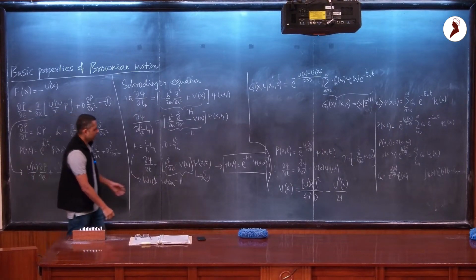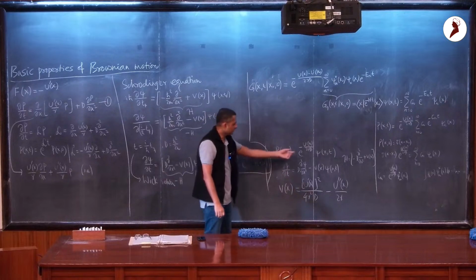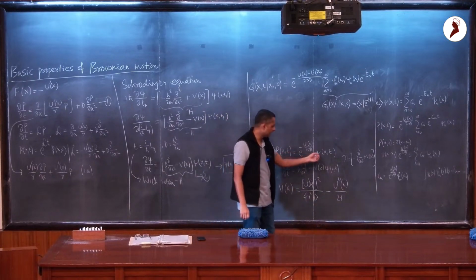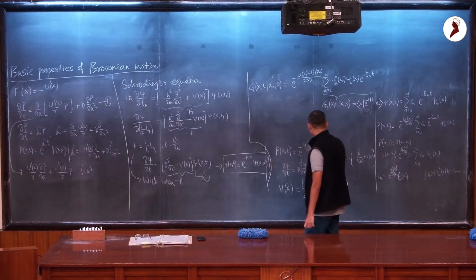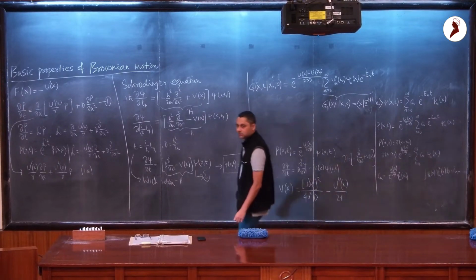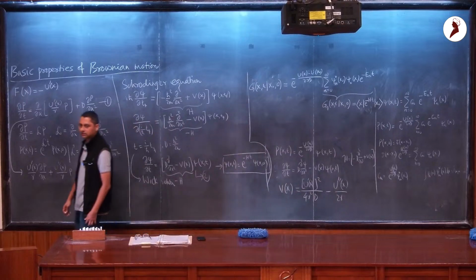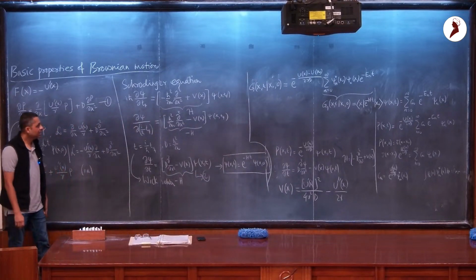In fact, I could have just done this from here basically, right, because I could have written it in this form, and then by applying the initial condition I could have just written it down there, okay.